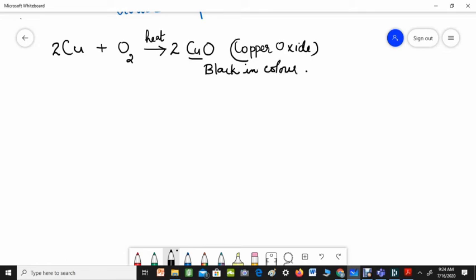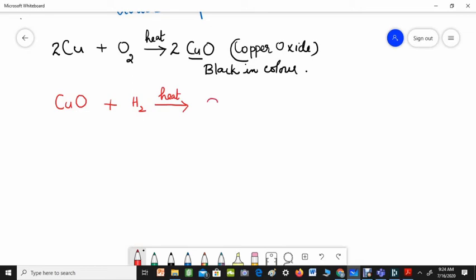Now the second part of the question is, what happens if you pass hydrogen gas through this black copper oxide? So I'm writing the second part of the question, CuO. Now you have copper oxide and you are passing hydrogen gas, H2. So what will happen? This reaction also happens in the presence of heat.